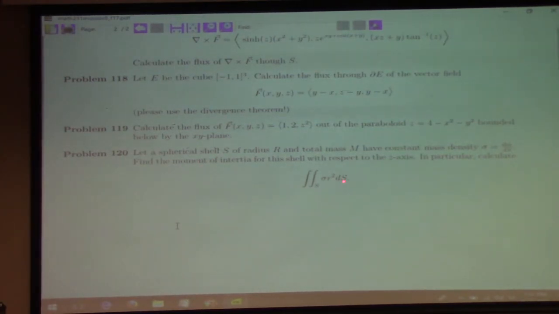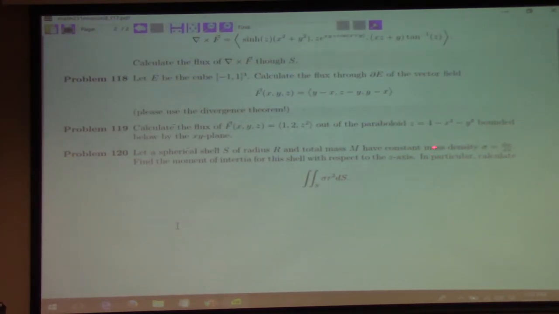So dS is what? dS is r squared sine phi d phi d theta, right? So to do this integral, you need to change r to spherical coordinates. This little r would be what? It would be r sine phi, right? Little r is r sine phi when rho is equal to r. So to do this, you basically need to integrate sigma, which is a constant, right?